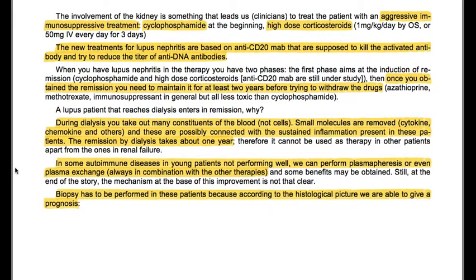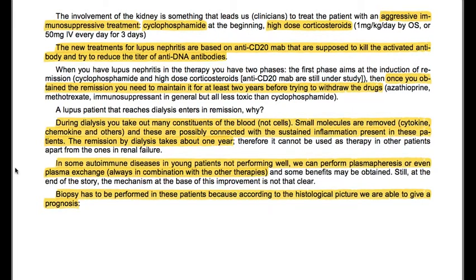The new treatments for lupus nephritis are based on anti-CD20 antibodies that are supposed to kill the activated B cells and try to reduce the titer of anti-DNA antibodies. When you have lupus nephritis, the therapy has two phases.